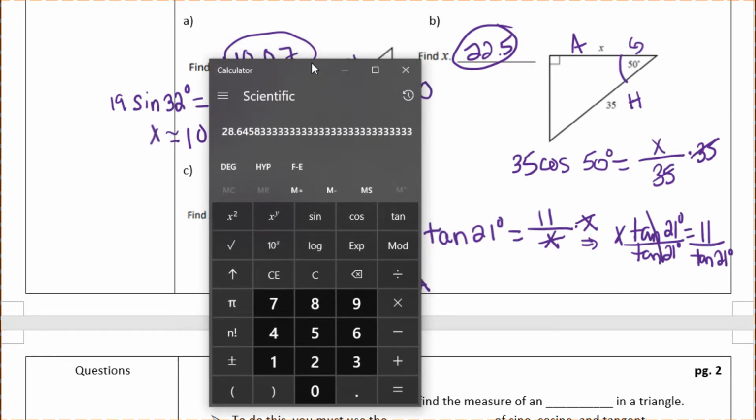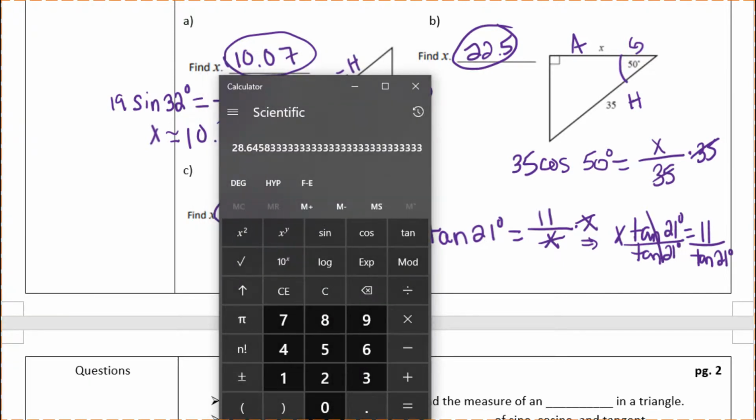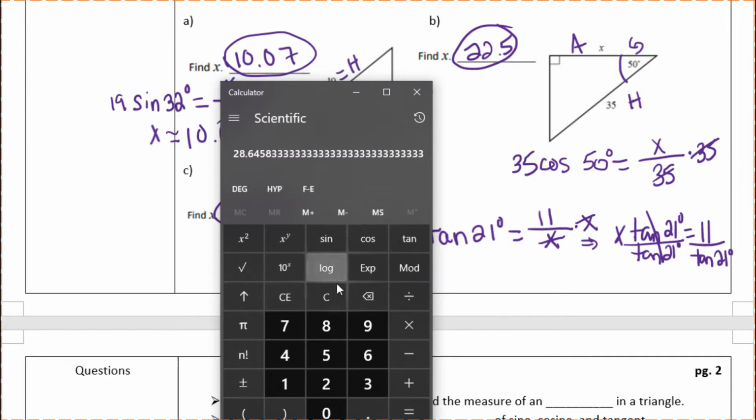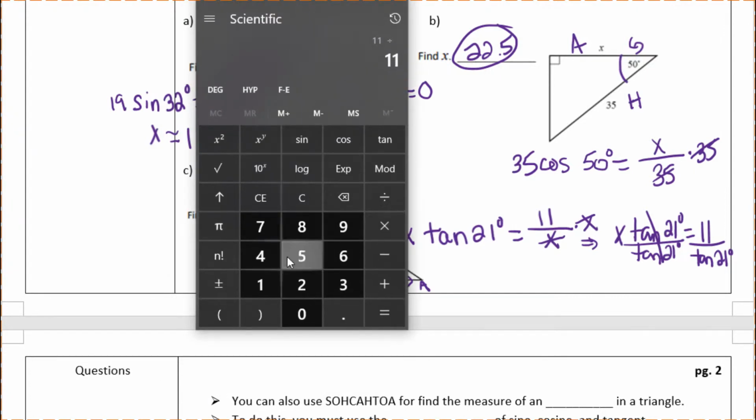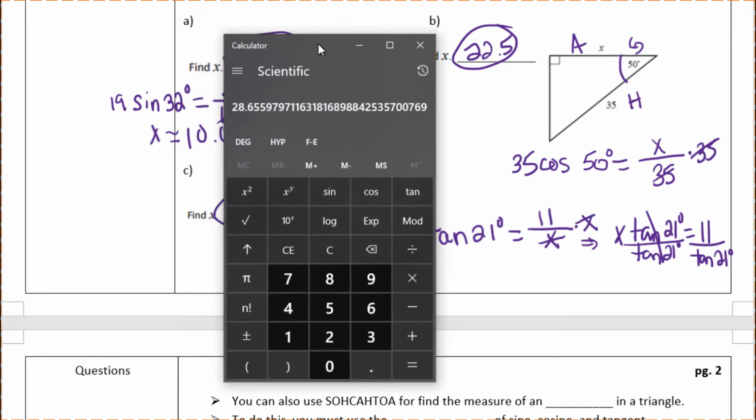Let's double check that. Alright, so let me double check the number. So 11 divided by tangent 21, because that seems very small. Okay, there you go. So that's the number. Sorry about that. So 11 divided by tangent 21 is 28.66.